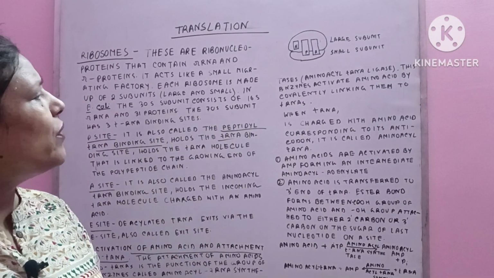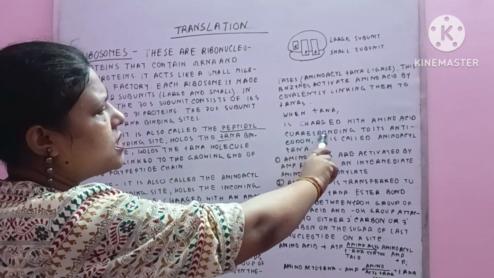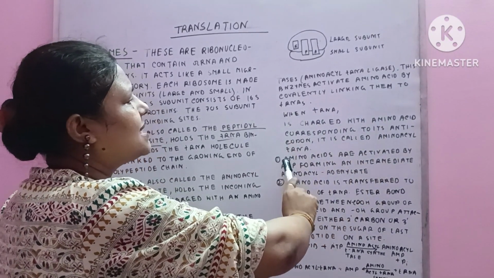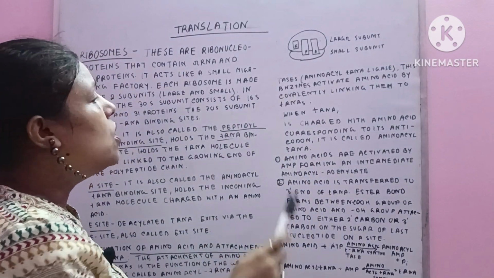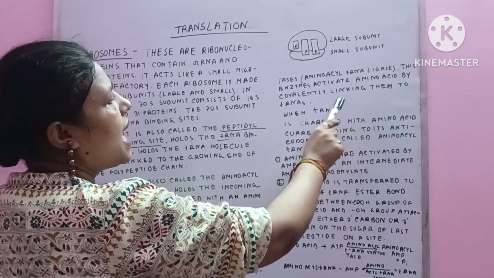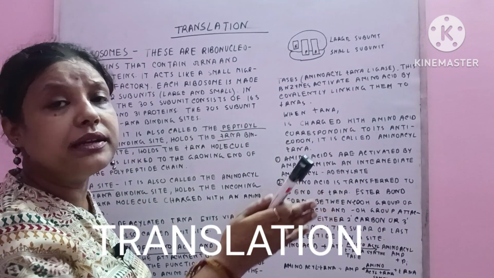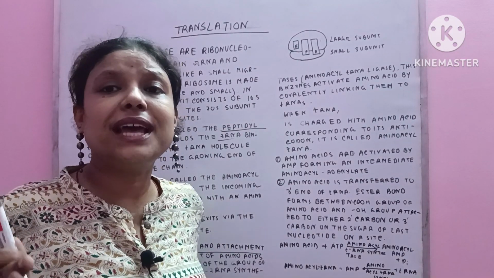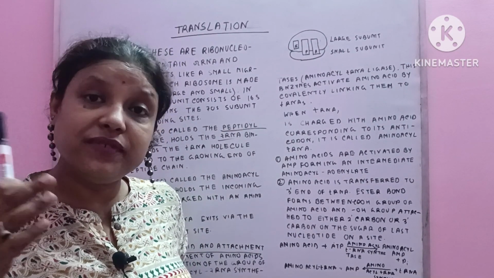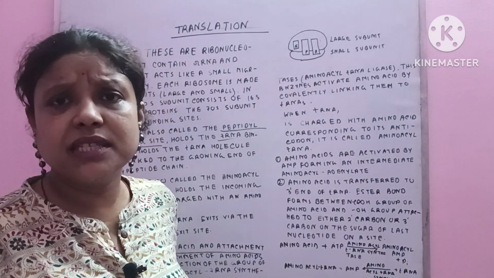When tRNA is charged with an amino acid corresponding to its anticodon, it is called the amino acid tRNA. Obviously you have to first know which one is the anticodon site and the codon site, so you just check out the previous videos on transcription and tRNA structure.